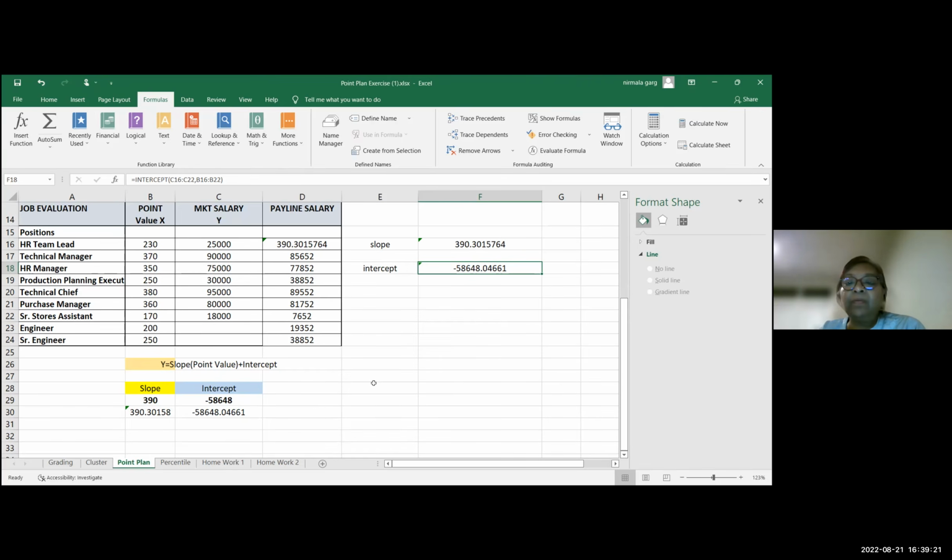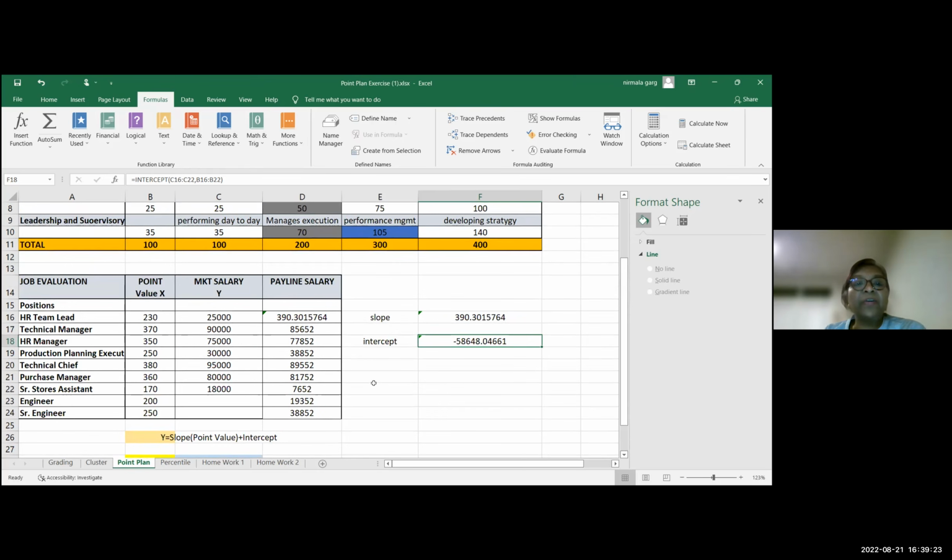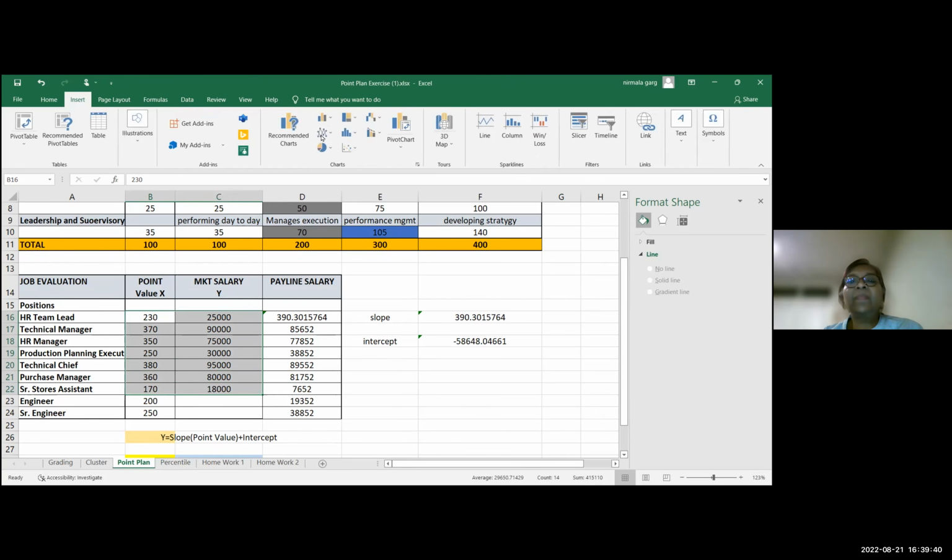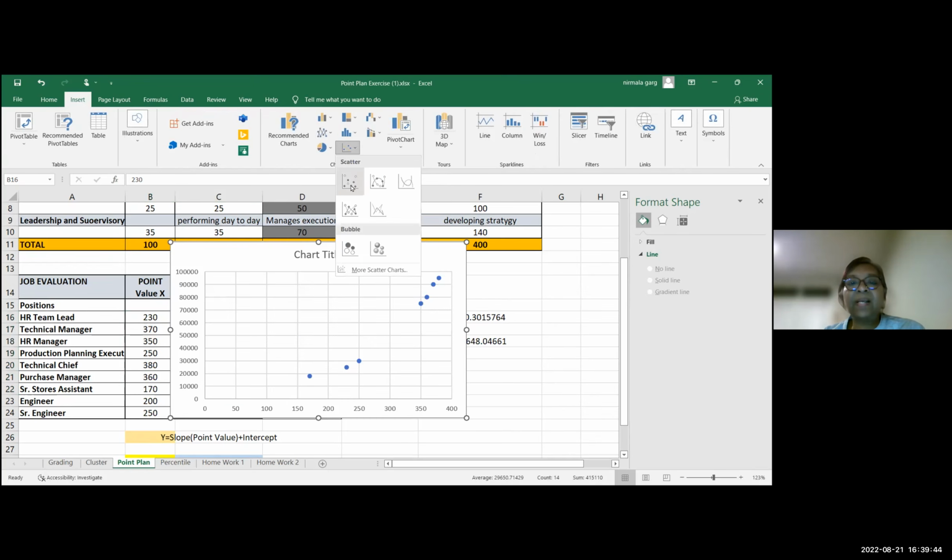Okay, now there is also another way to calculate slope and intercept. Typically what you do is select, okay, I'm showing you two methods. Select this data, then go to insert, and then go to this scatter graph.